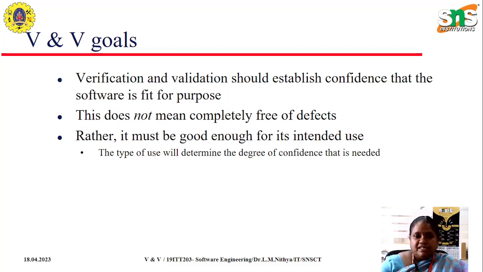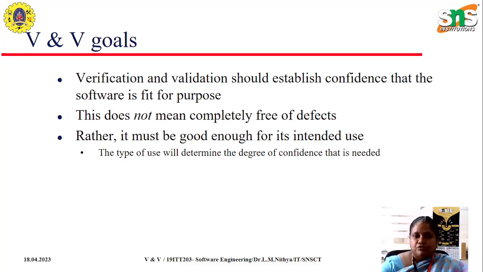Verification and validation should establish confidence that the software is fit for purpose. This does not mean completely free of defects. Rather, it must be good enough for its intended use. It should give us confidence, a clear statement or clear knowledge that your software is good enough for the purpose for which it has been built.